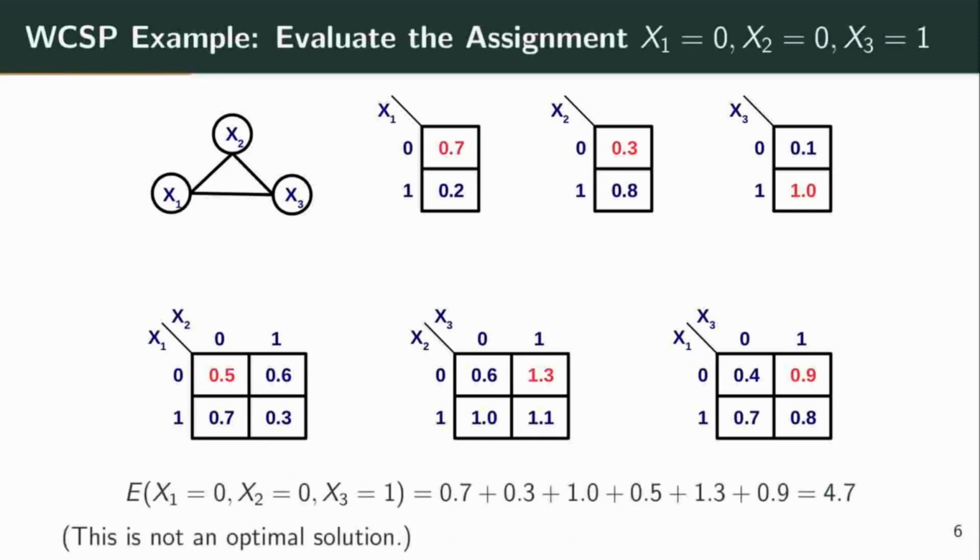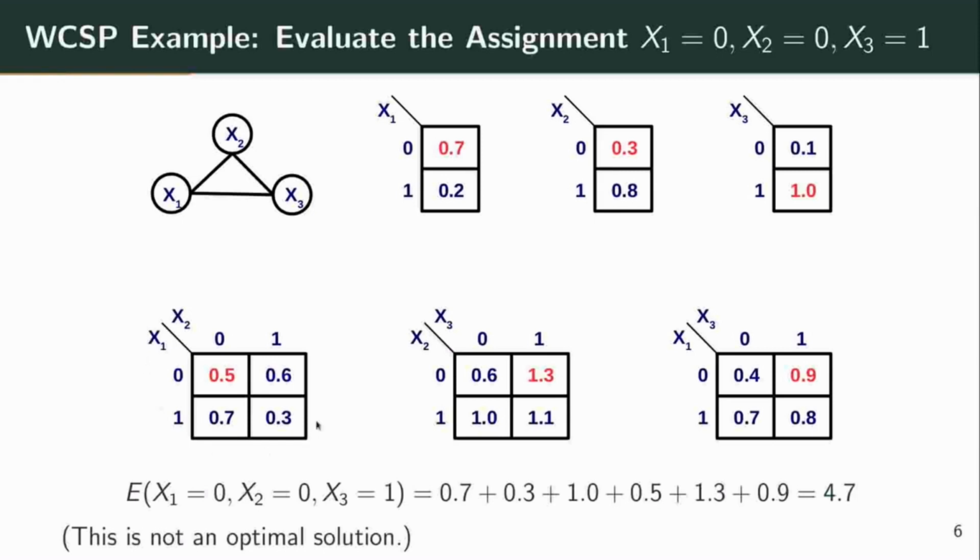So here's an example to evaluate an assignment x1 equal to 0, x2 equal to 0, and x3 equal to 1. Since x1 equal to 0, this constraint takes the weight of 0.7, and since x2 equal to 0, this constraint takes the weight of 0.3, and since x3 equal to 1, this constraint takes the weight of 1.0.